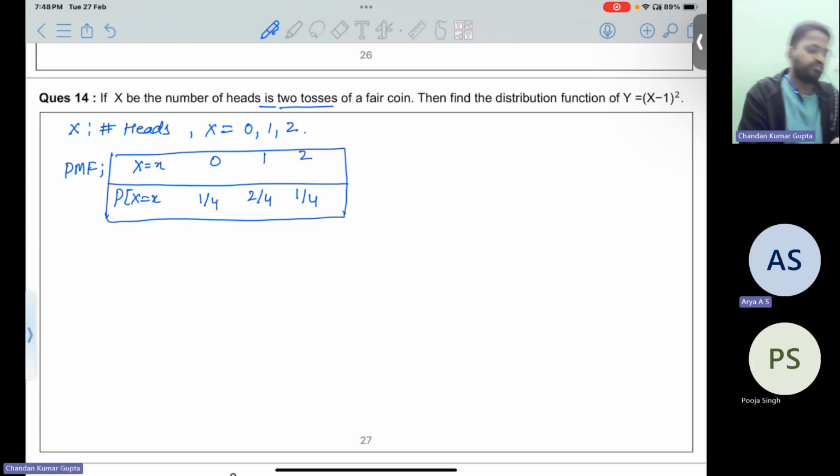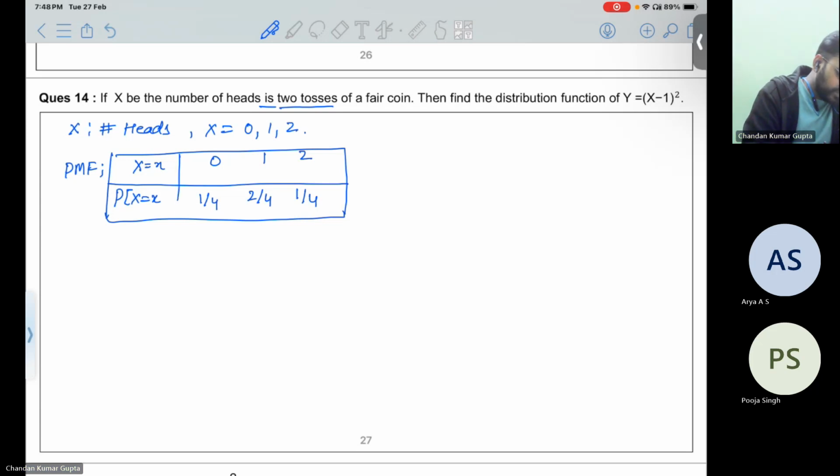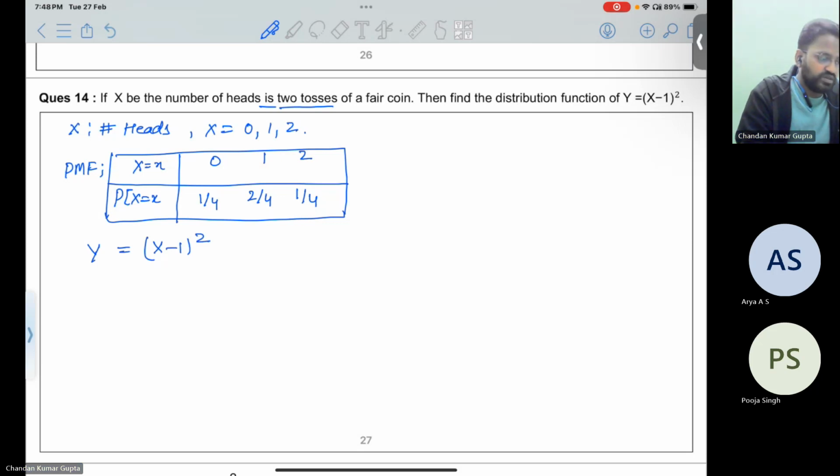So this is the distribution of the number of heads where we're dealing with two coins. Now we need to find the distribution of y, which is equal to x minus 1 whole square.